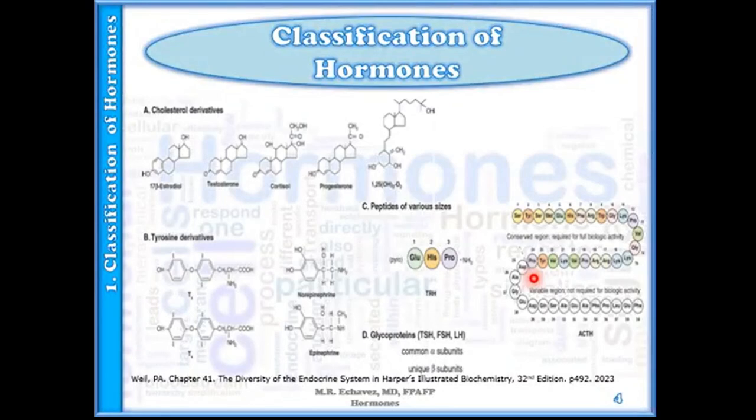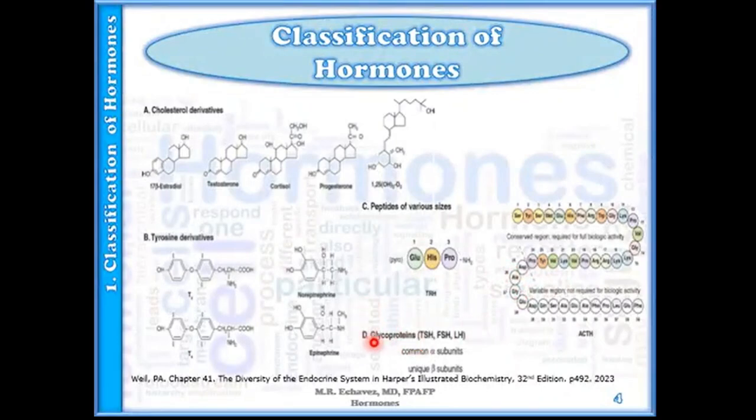Your non-polar amino acids would usually hide deep inside the molecule, and only the water-soluble amino acids are left on the surface. So your polypeptide hormones are usually water-soluble, because your non-polar amino acids are hidden deep inside your molecule.